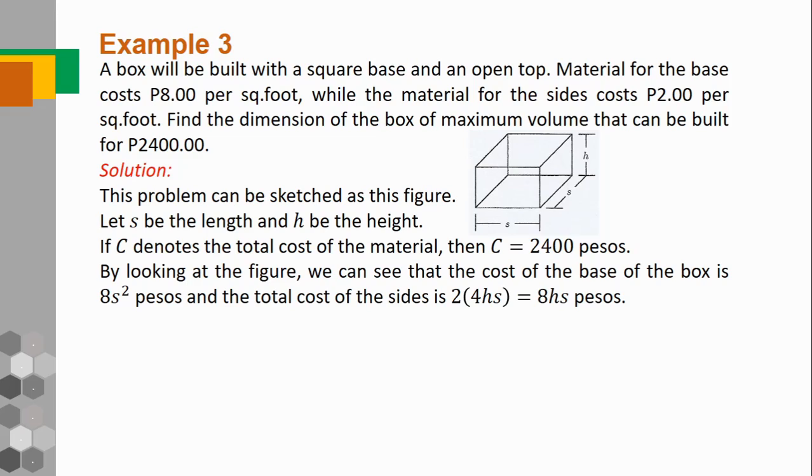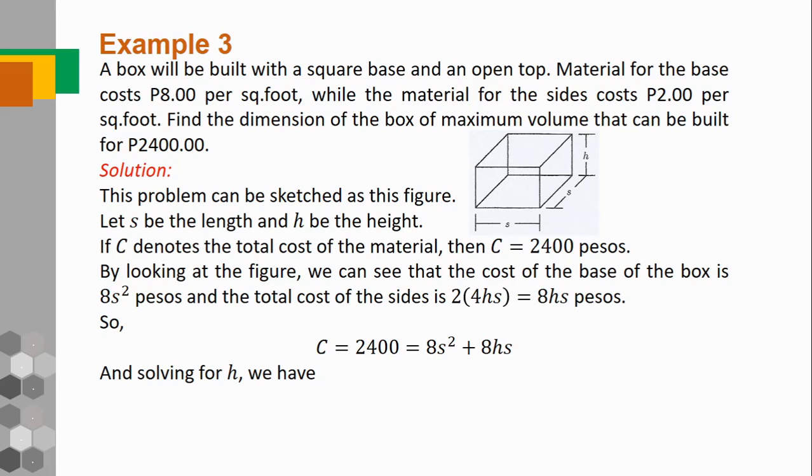By looking at the figure, we can see that the cost of the base of the box is 8S squared pesos, and the total cost of the sides is 2 times 4HS, and that's equal to 8HS pesos. So, C equals 2,400 equals 8S squared plus 8HS.